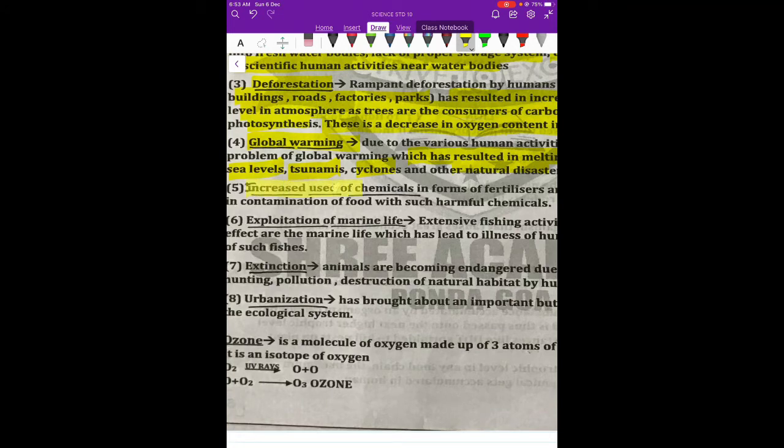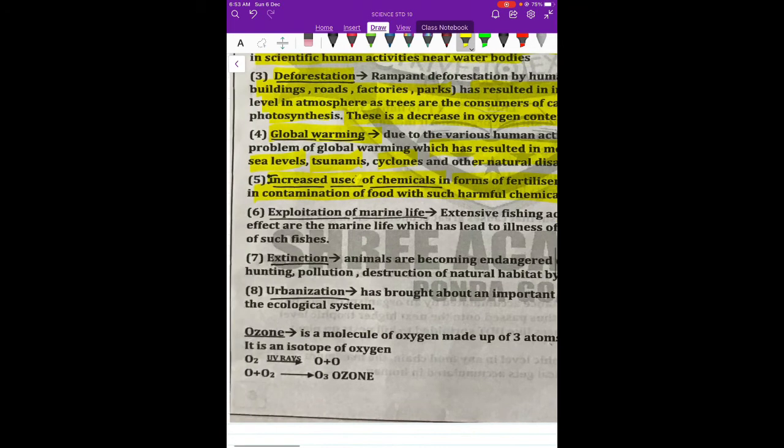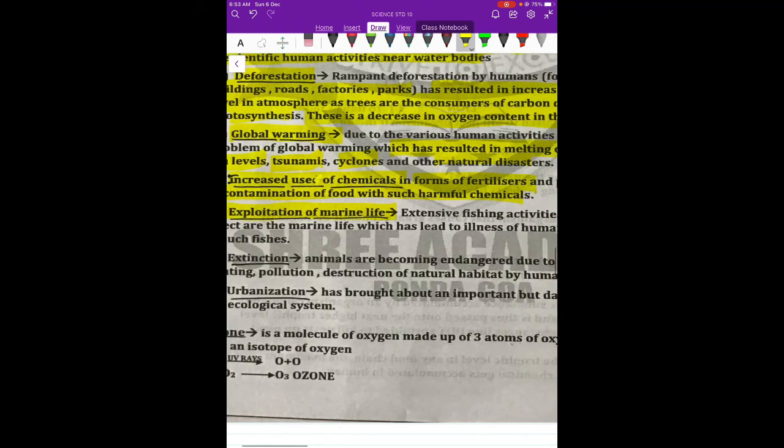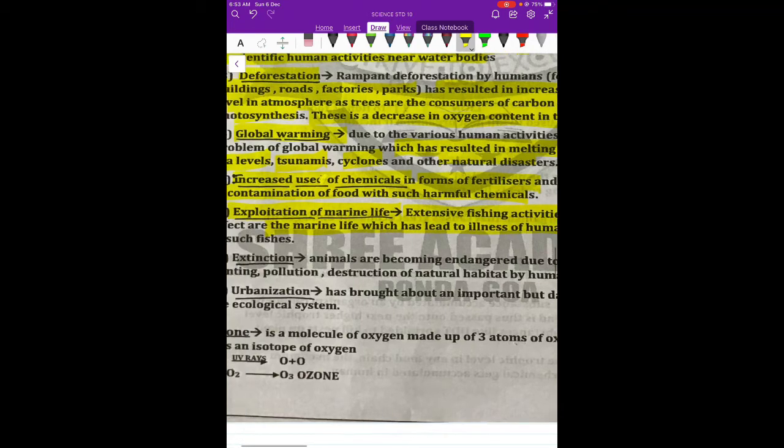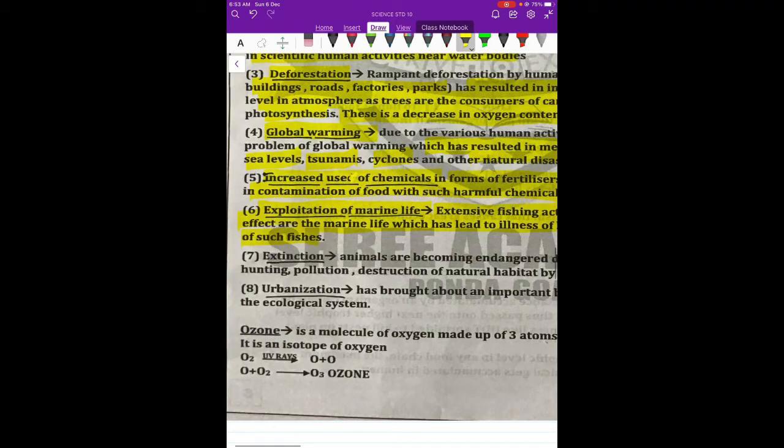Then increased use of chemicals. Everywhere chemicals are being used for production, protection, processing, and storage. Now in all these things there is a rampant use of chemicals, and these are the things which do not get digested in our biological system. Then comes exploitation of marine life. Extensive fishing activities are going on, due to which there is an imbalance in the marine life also. It is naturally balanced, but because humans are interfering and carrying out unbalanced activity, this is the reason.